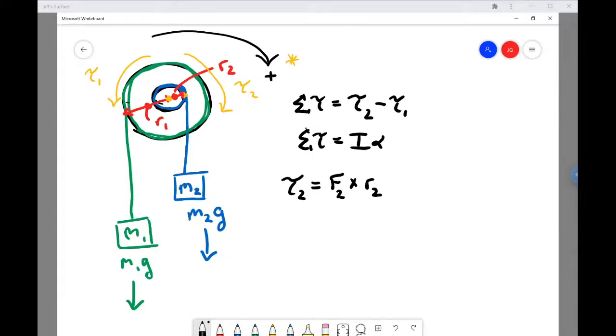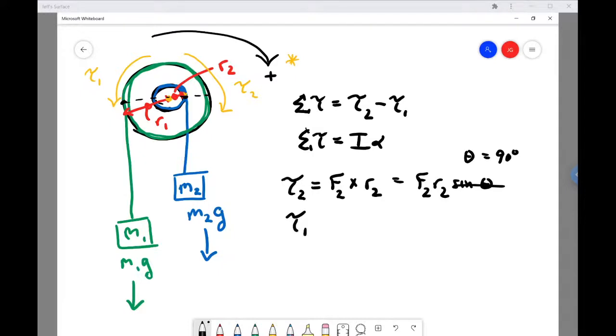There's sort of an axis that goes through everything here, and the forces are applied at a point that's tangent to the wheels because everything's hanging vertically down. So when we write this out, the cross product is sine theta. The angle, because everything is perpendicular here, is 90 degrees. So sine theta becomes 1. It just goes away.